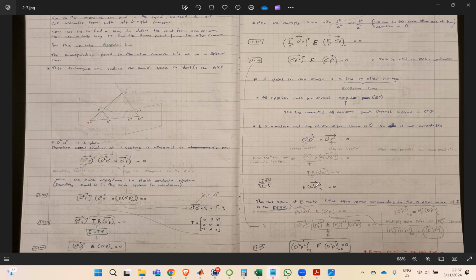When you know all three coordinates, you know where this object is. So you found the epipole simply with this matrix.